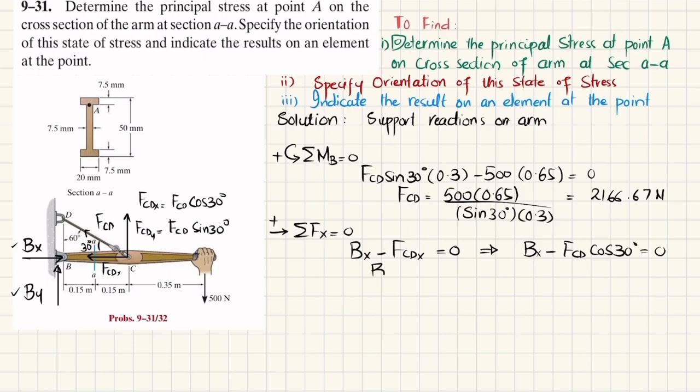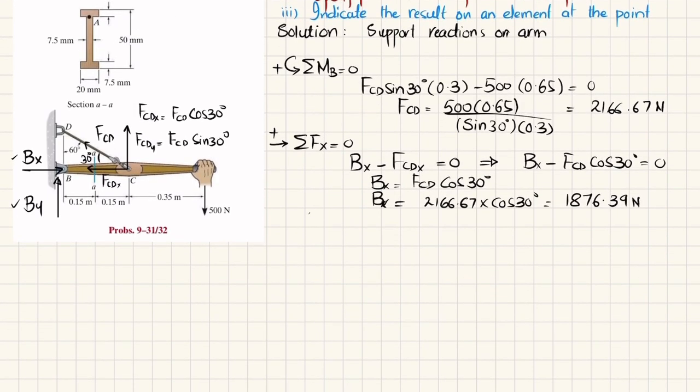So Bx will be equal to FCD cos of 30 degrees, which is 2166.67 times cos of 30 degrees. That will give Bx equal to 1876.39 Newton.